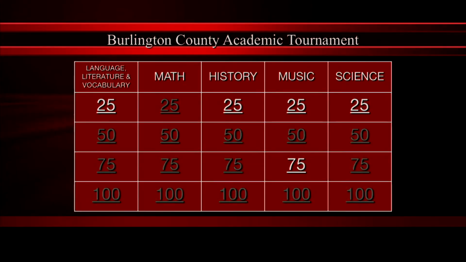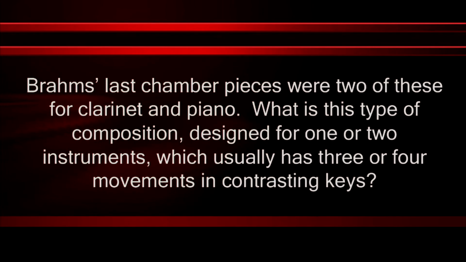Music for 75. Brahms' last chamber pieces were 2 types of these for clarinet and piano.